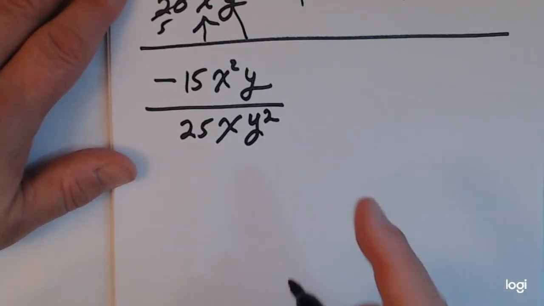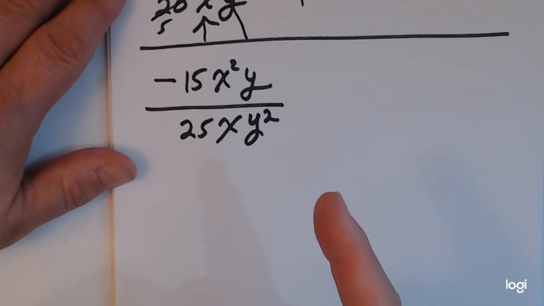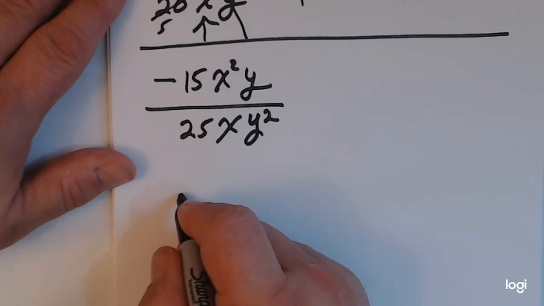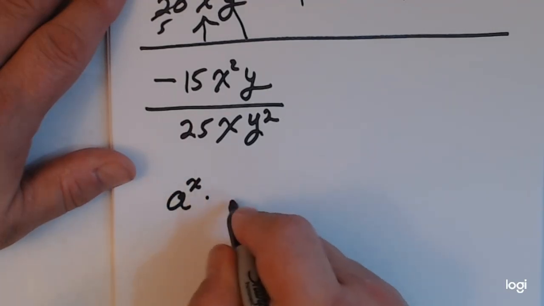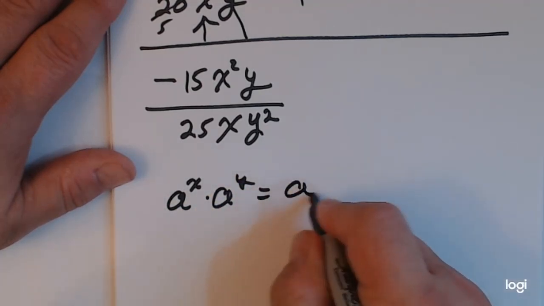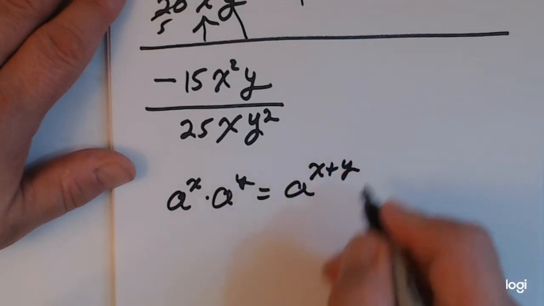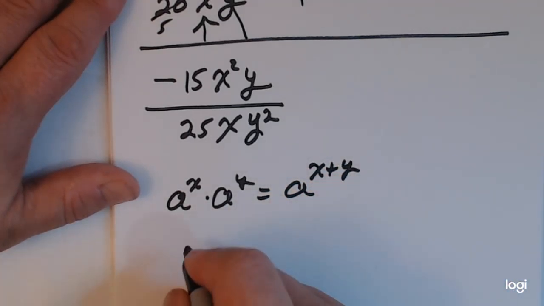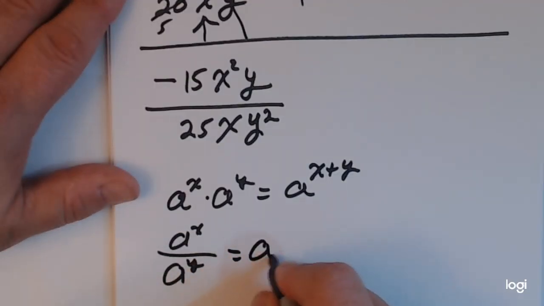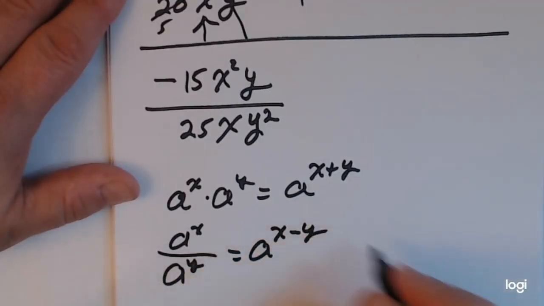So let's take a look at some of the rules of exponents here. If we have a to the x times a to the y, we have a to the x plus y. If we have a to the x divided by a to the y, we have a to the x minus y.